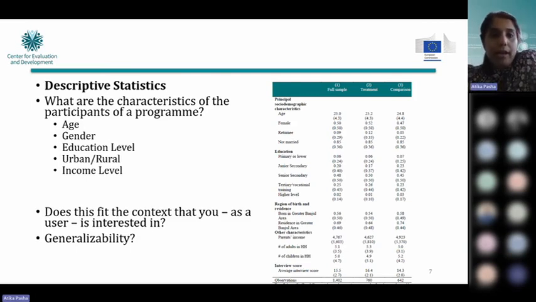So again, what I've previously already mentioned, what is a descriptive statistic? It is basically simply able to tell you what the characteristics of the participants of the program were. So what is their average age, whether they are female mostly or male mostly, what is their average level of education, where they stem from, urban or rural communities, what is their income level.